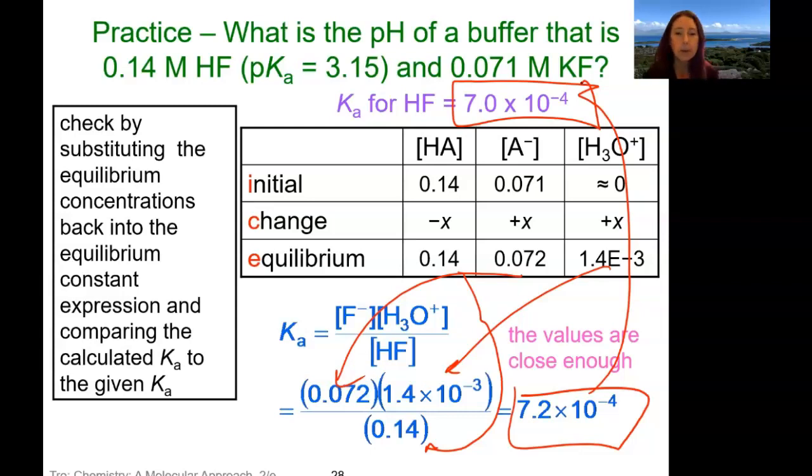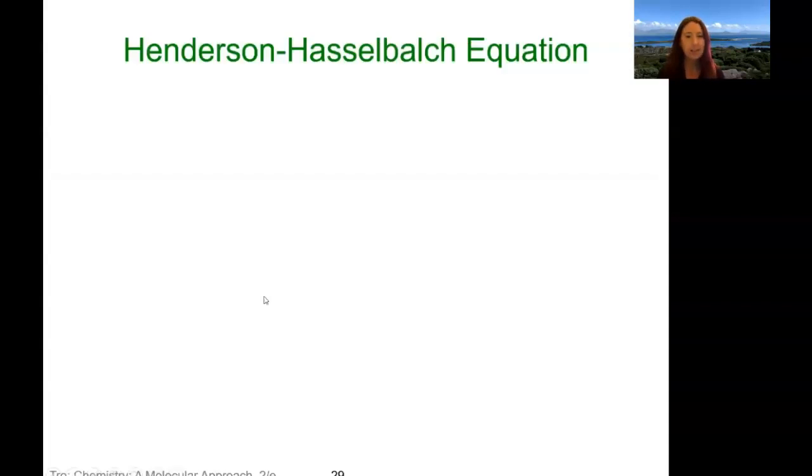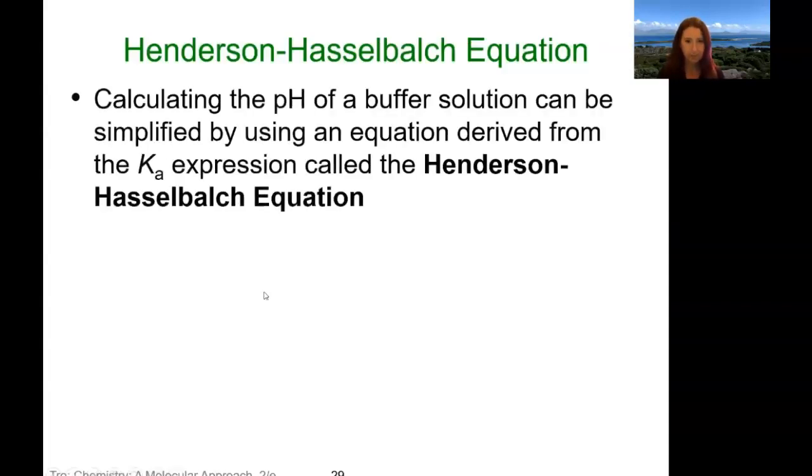Okay, so if you don't love ice tables, which I'm sure we all love ice tables, there's actually a nice, lovely thing that buffers allow us to do. There's a shortcut where we don't always have to use an ice table. This is called the Henderson-Hasselbalch equation.